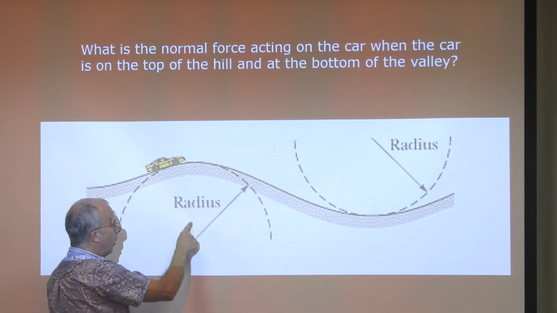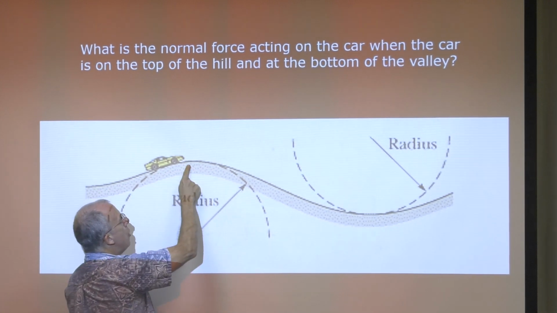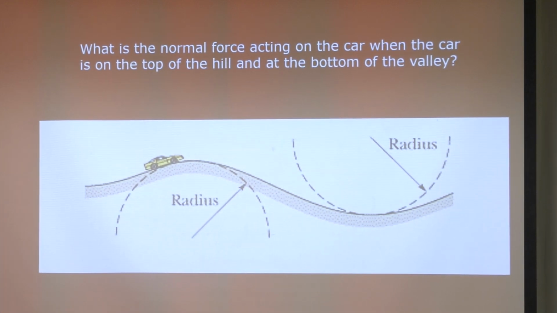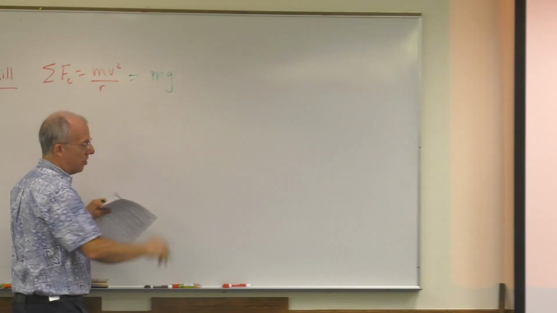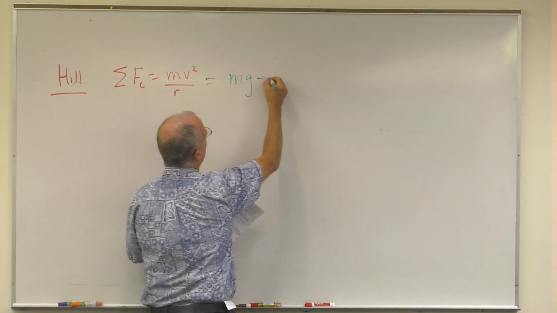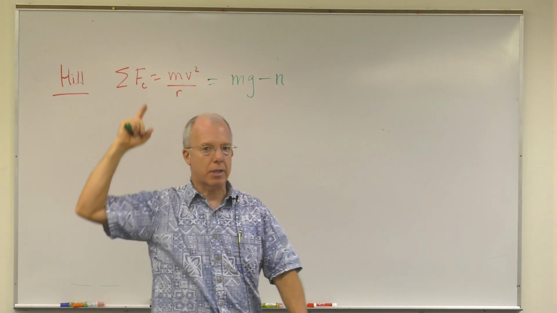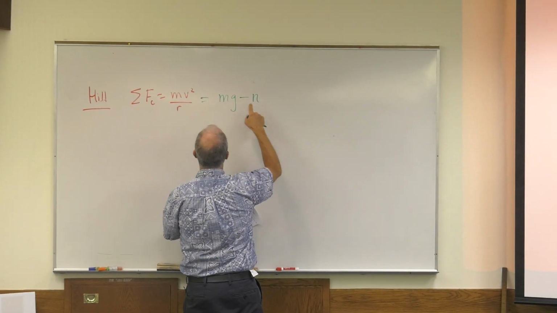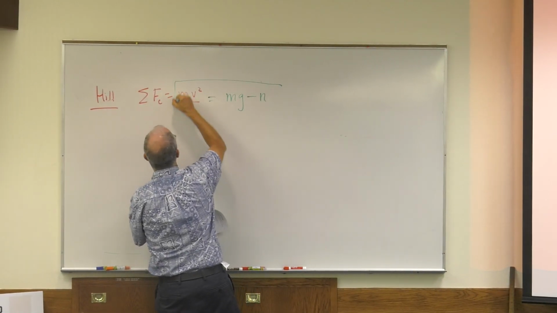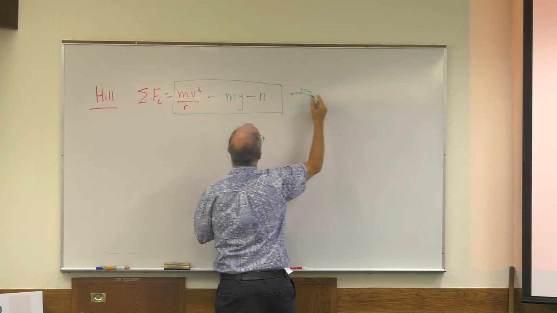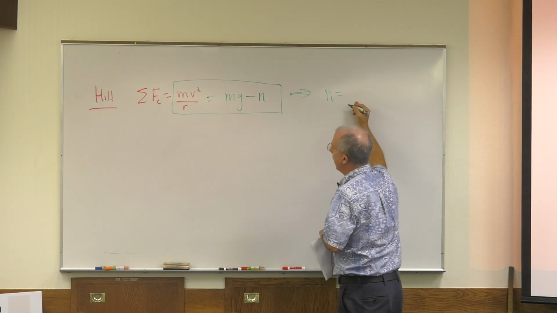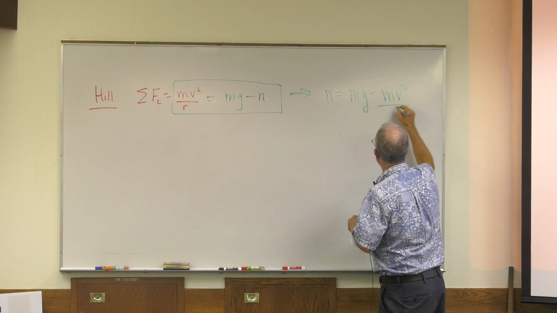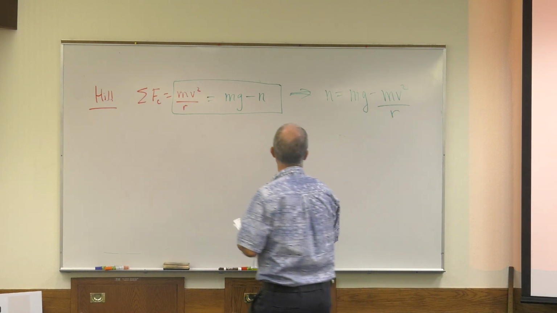Gravity, which points towards the center of the circle, and normal, which points away from the center of the circle. So as we discussed in the past, mg points towards the center of the circle, so it gets a plus sign. The normal points directly away from the center of the circle, so it gets a minus sign. So that's why it says mg minus n. So you look at this, and you conclude that the normal force equals mg minus mv squared over r. There you go.